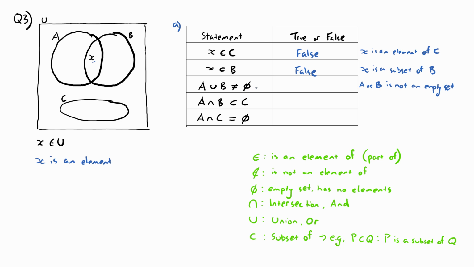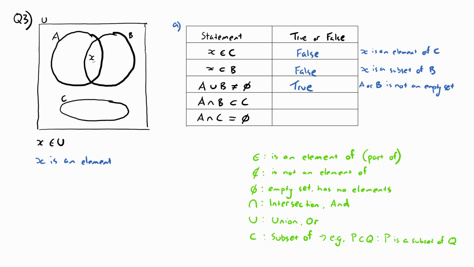So let's have a look at our Venn diagram here. A or B is not an empty set. It's a bit of a double negative, so it's a bit of a hard one to understand, but the answer to this one is true because A or B does have an element within it, which is X. So it is not an empty set. That is true.